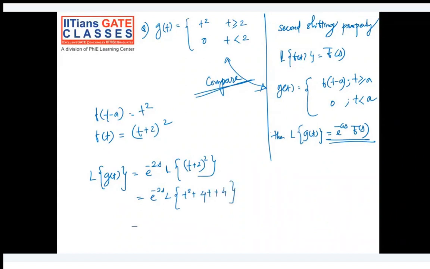It is e to the power minus 2s times, Laplace transform of t square is 2 factorial by s cube, plus 4 by s square plus 4 by s. Okay, this is the final answer. So using this property you can solve it. Is it clear?